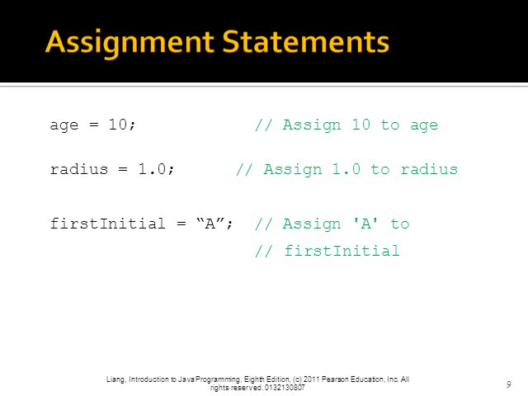I can't be testing age to be equal to 10 with the single equal sign, right? We'll learn when we go through the selection statements that we need to use a double equal sign to test for equality. So there is a difference. A single equal sign is an assignment operator, and a double equal sign is used to test for equality.